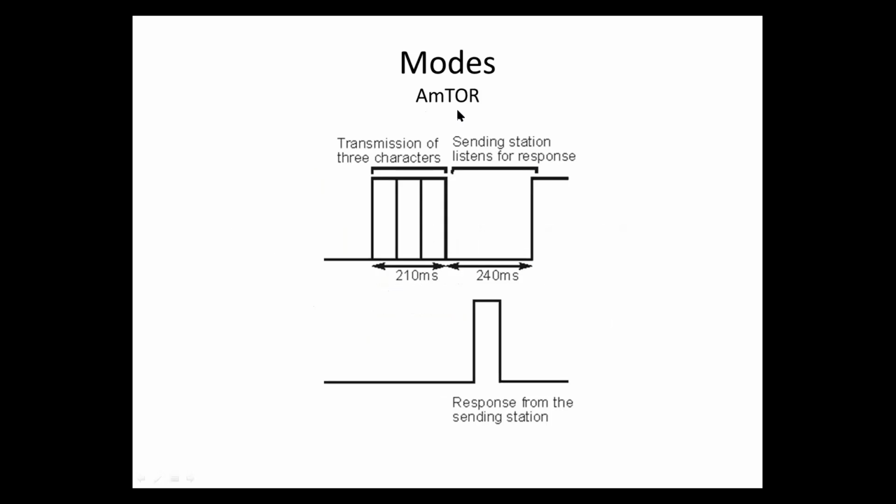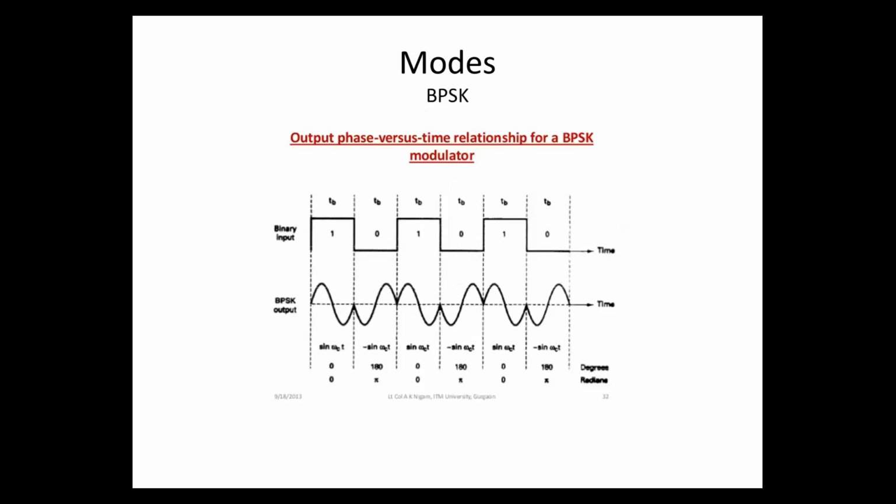I've had no experience with Amtor. It's evidently a higher data density transmission capability. I'm not too sure the specifics of that. Then here's the phase shift keying like PSK31.